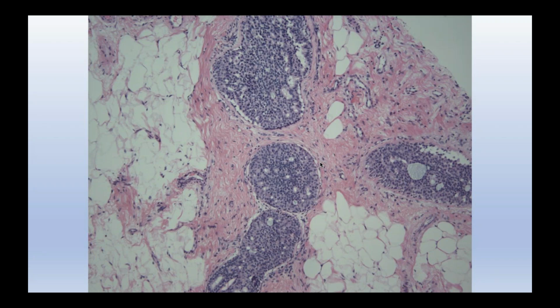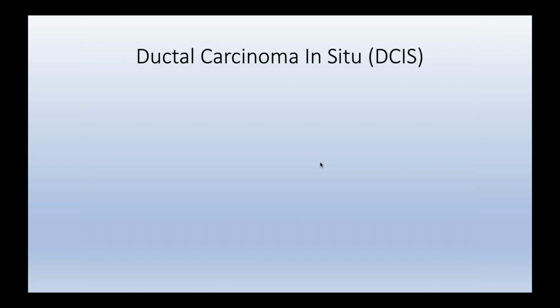So it's a signal that we need to look at more tissue. And that's why if a patient has a biopsy and it comes back as ADH or atypical ductal hyperplasia, we'll recommend an excision. And what would be the next step is a larger biopsy or a lumpectomy, as some may call it, where more tissue is taken out.